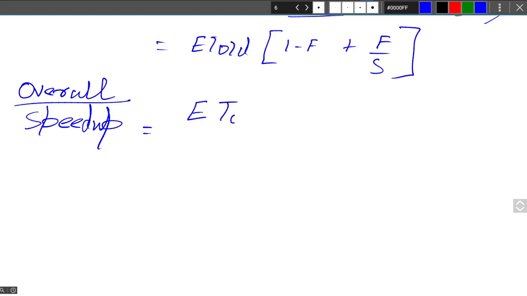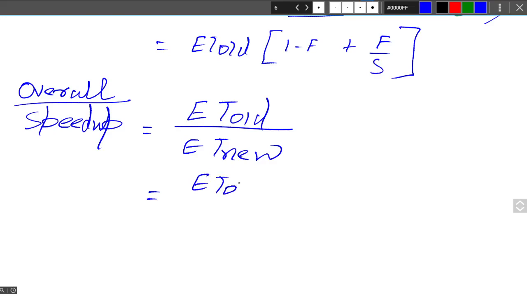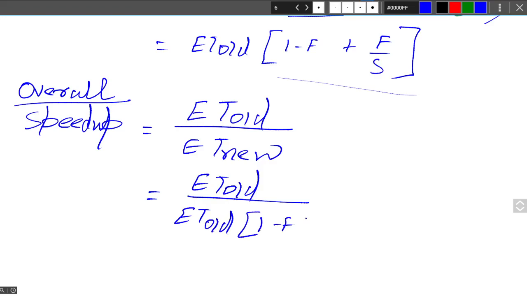So it will be ET old upon ET new, which is ET old into 1 minus f plus f upon s.